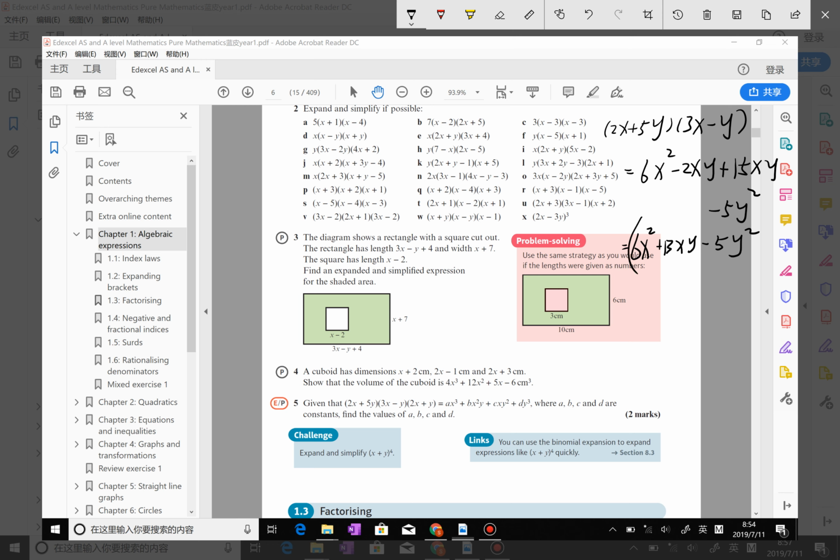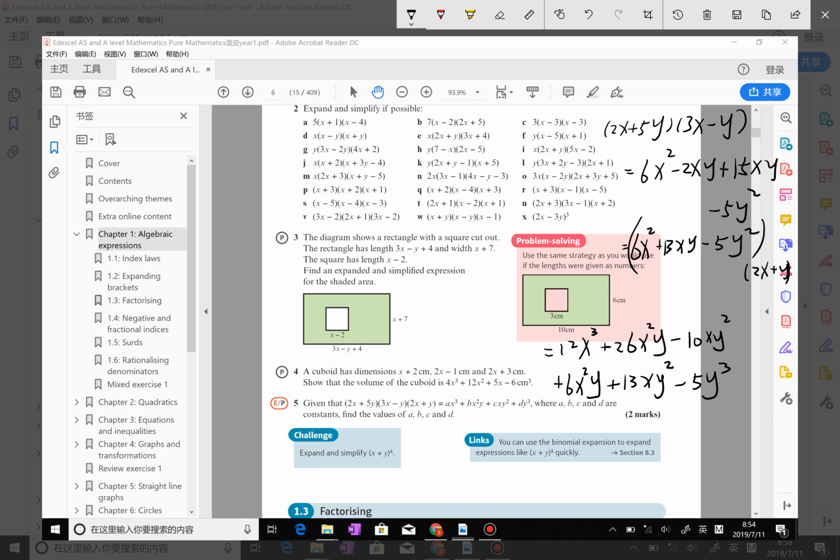So you use the answer, then multiply by 2x plus y. So you should have 12x cubed and then plus 26x squared y, and then minus 10xy squared. Then you have another plus 2x squared y plus 13xy squared, then minus 5y cubed.